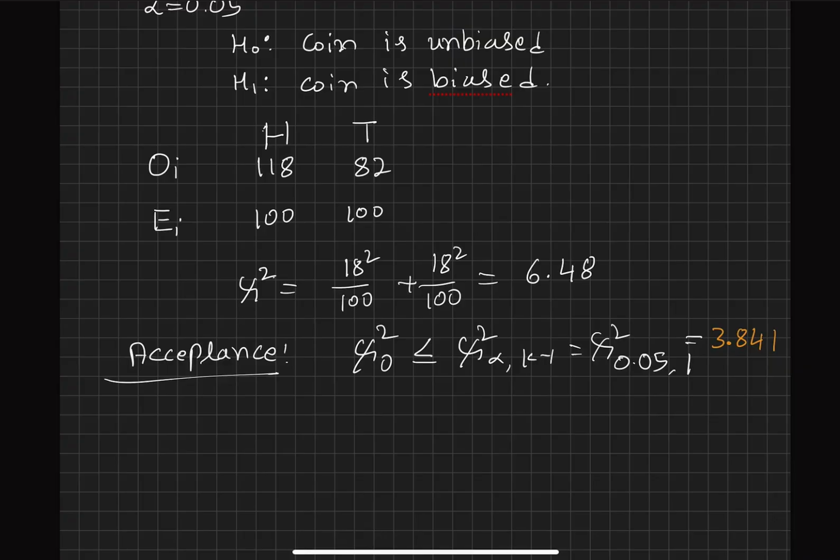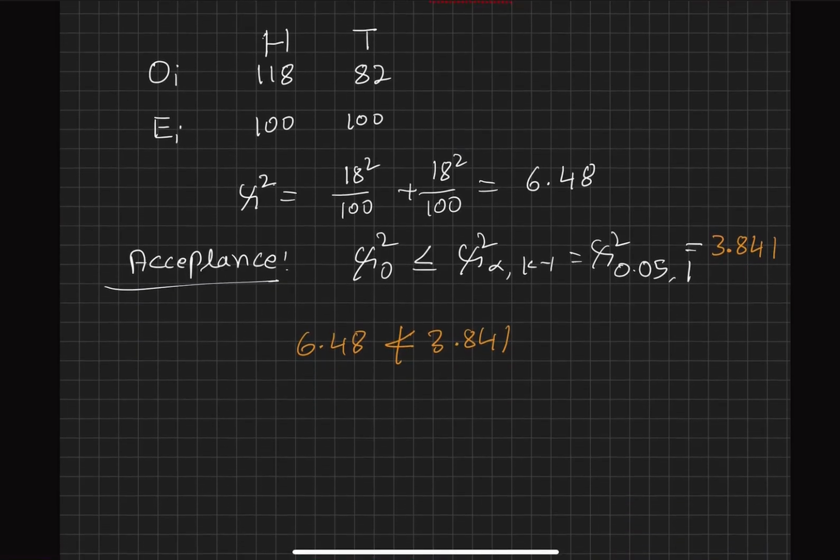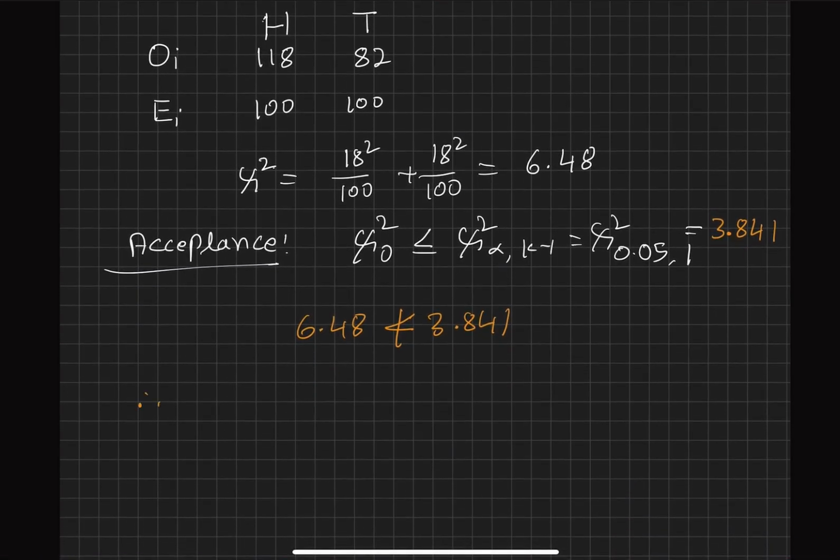But we observe here we got 6.48 as the observed test statistic value, but this is not less than 3.841. That means it is not in the acceptance region, it is in the rejection region. Therefore, we have to make a decision here. Decision is we have to reject the null hypothesis.